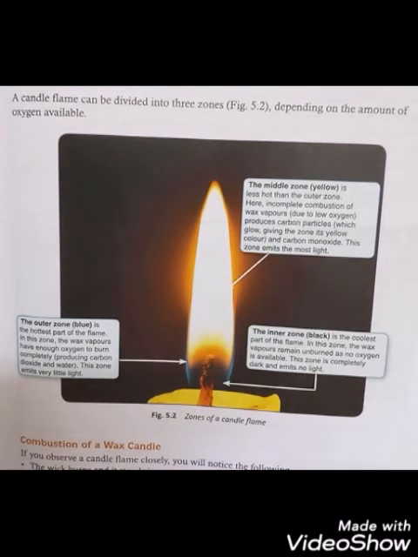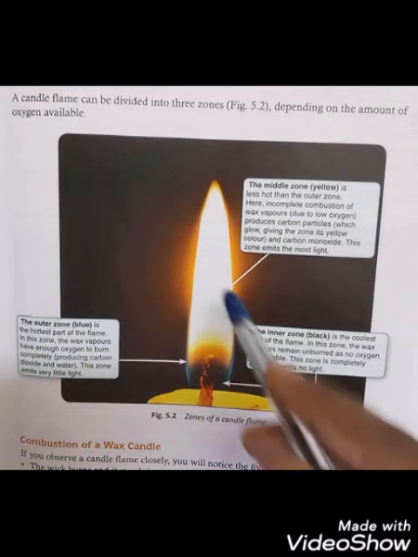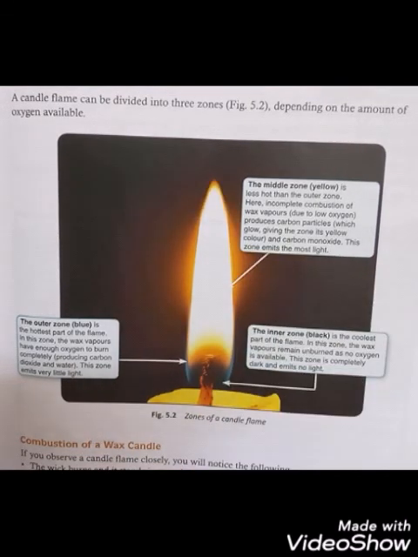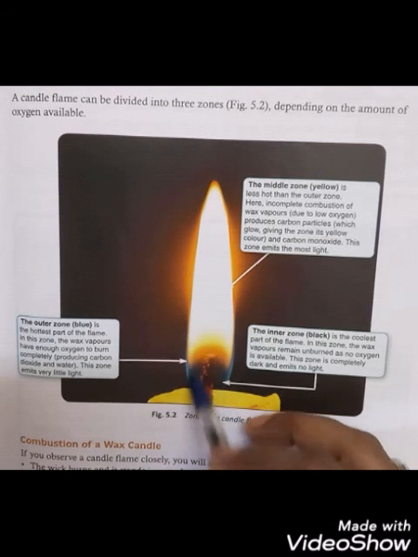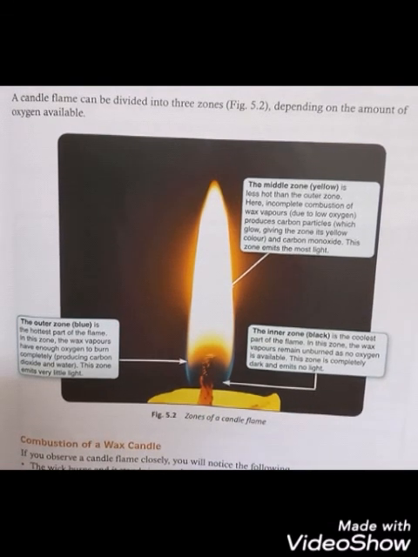So the outer zone is blue, the hottest part. The middle zone is yellow, where incomplete combustion takes place. And the inner zone is black, the coolest part of the flame. Here the wax vapors remain unburned because no oxygen is available in this portion.